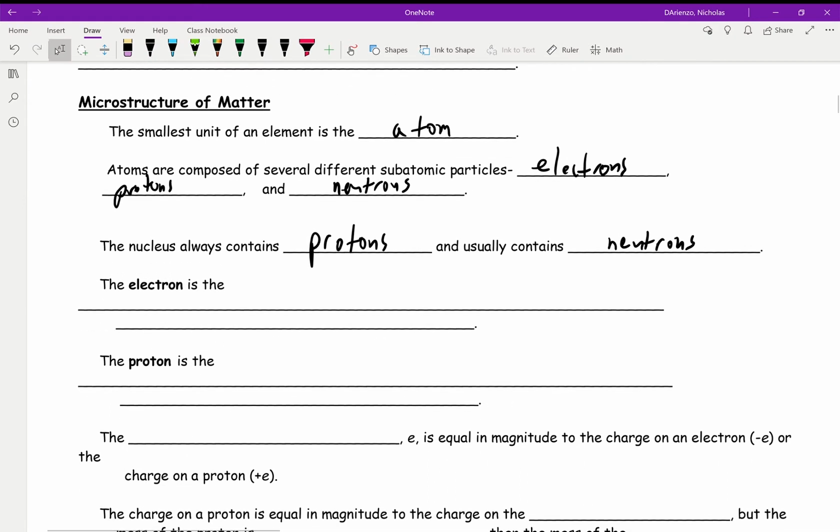And we know the electrons are not in the nucleus, but they are surrounding the nucleus. Now the electron is the fundamentally negatively charged particle of matter.